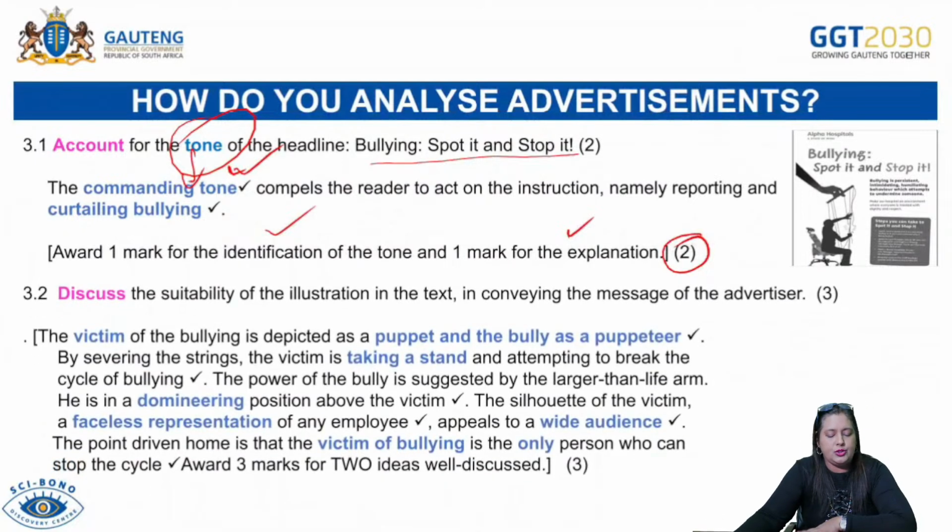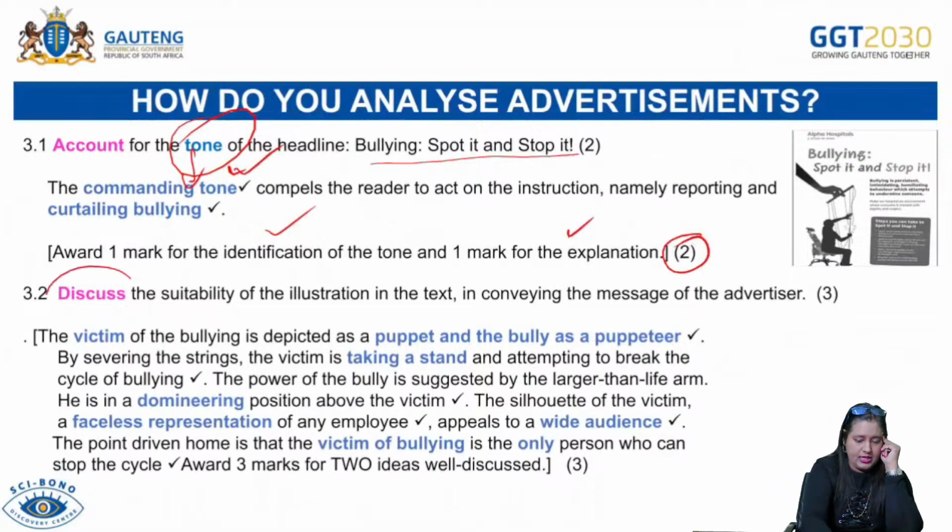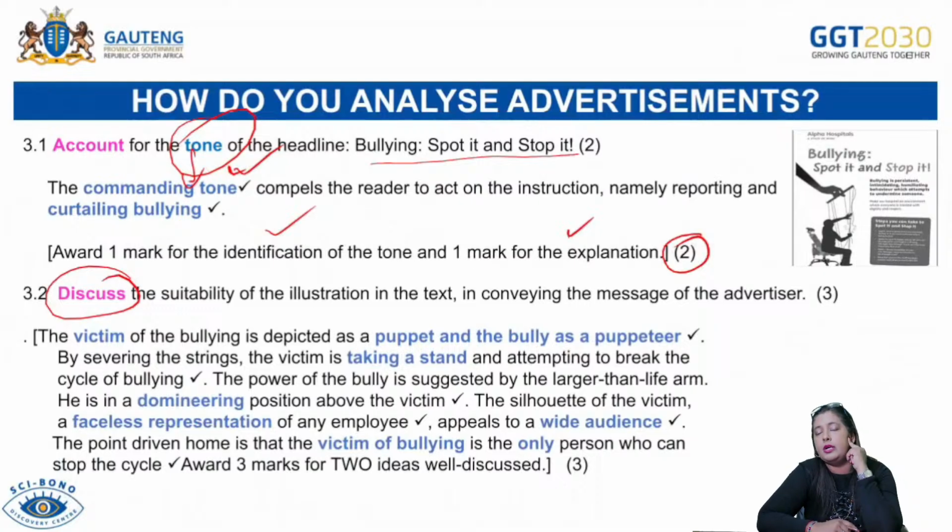Good. 3.2 was then asking the following question. Discuss, okay, already we're looking at Barrett's here. Remember, you're going up from your level 3 here. Discuss the suitability of the illustration in the text. The moment you are asked to do this, it means you've got to offer a discussion, offer an explanation of what?